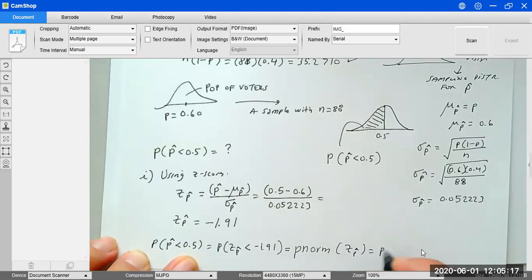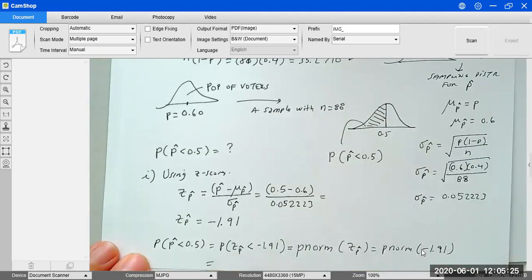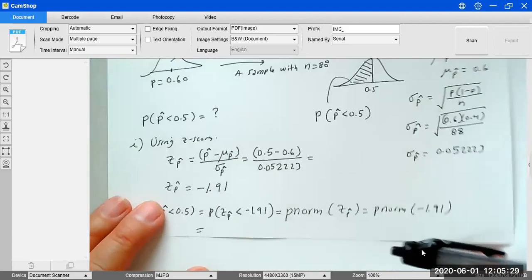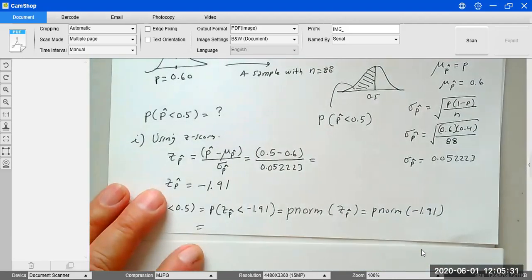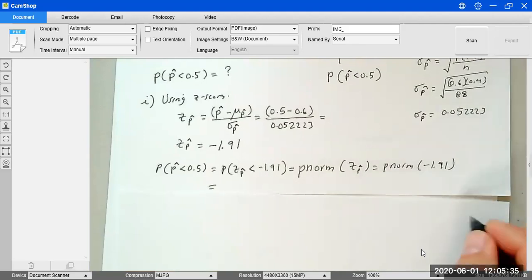So this is p norm of negative 1.91. So we're going to get a value of probability for this case. Now, without using z-scores, we're going to see how things change.